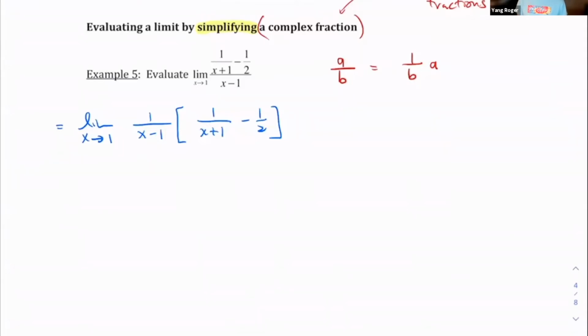Okay. Now, simplifying is trying to write this as a single expression. From my experience, a lot of students don't love working with fractions. If I want to subtract 2 fractions, do you guys know what the first thing I need to do is? Any thoughts?